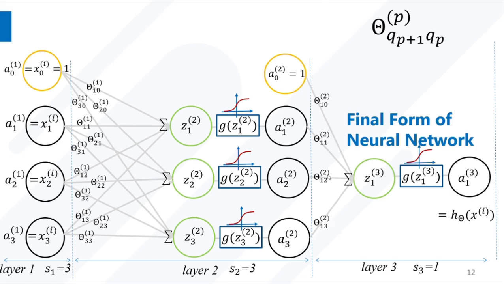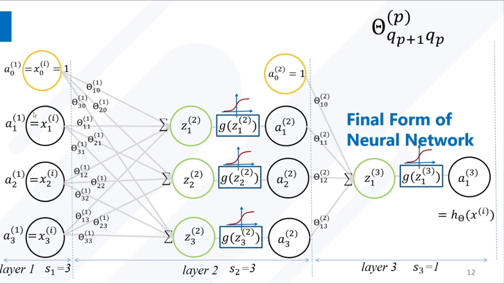It means it's related to the level 2. And you notice that this is the sigmoid function. The Z1 is the input to the sigmoid function, and output is nothing but A1, A2, A3. In this case, only single units, only A1. And this is also called H theta xi.